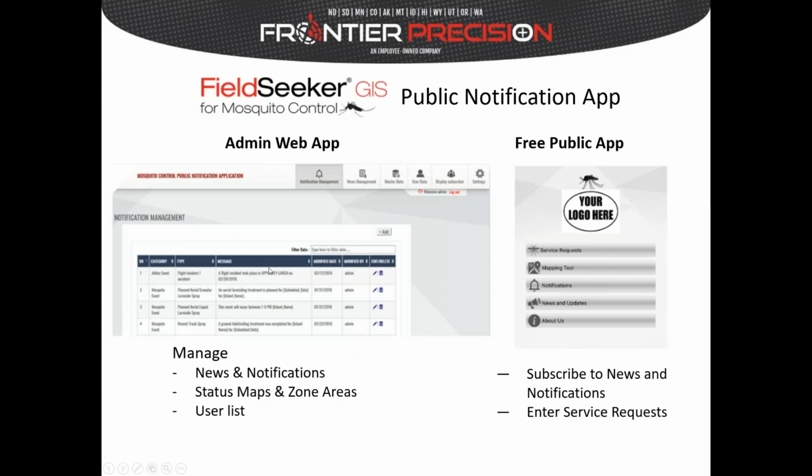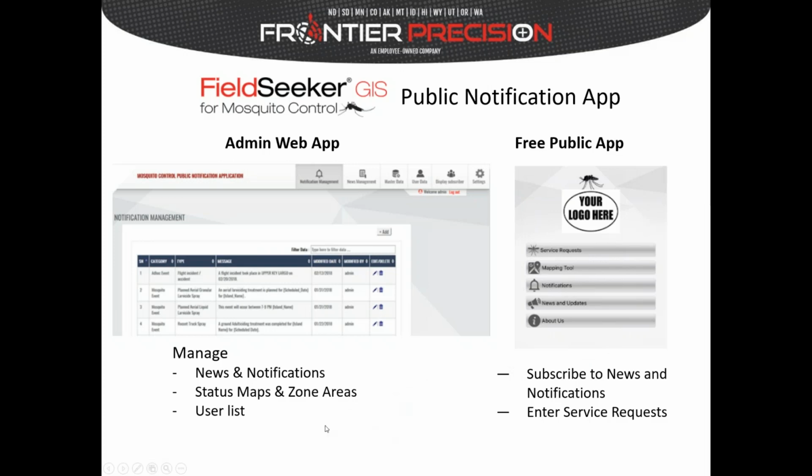It does consist of a web map, and so the agency uses it to manage news and notifications. And also you can create status maps that you want pushed to the free public phone app. And then you can also maintain the subscriber list.